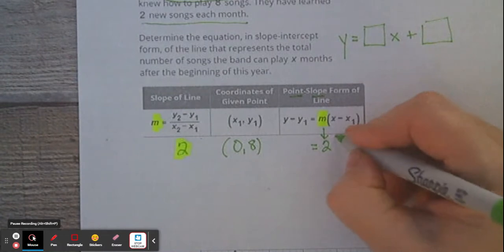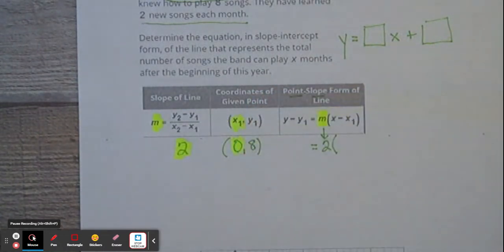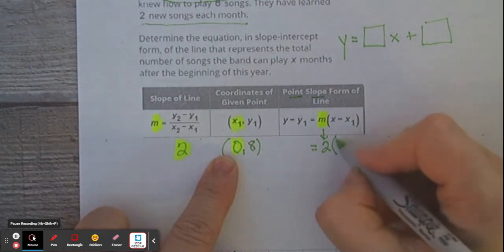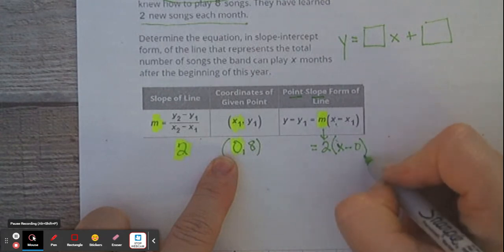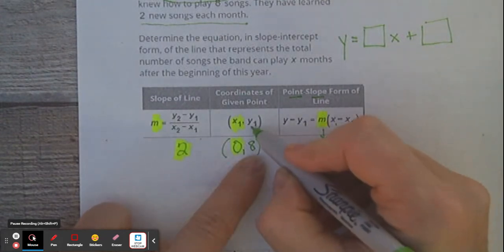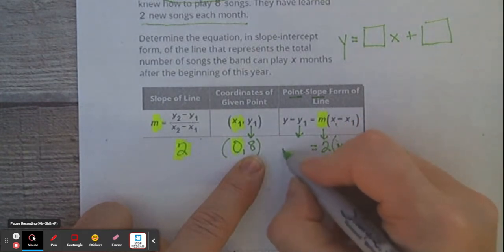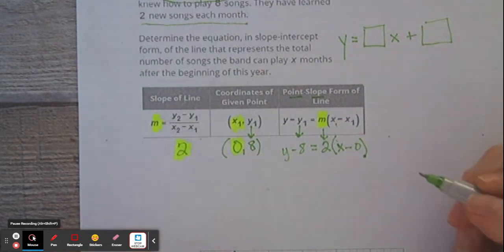Then, if you notice, we know x1 is 0. So in place over here of x1, we're going to put a 0. So we go x minus 0. Then notice we also know that y1 is 8. So we're going to put an 8 in place of y1. And we get to here.